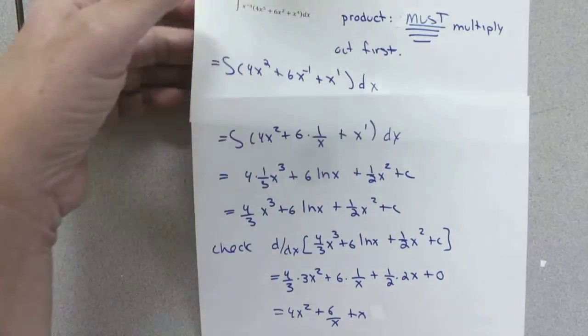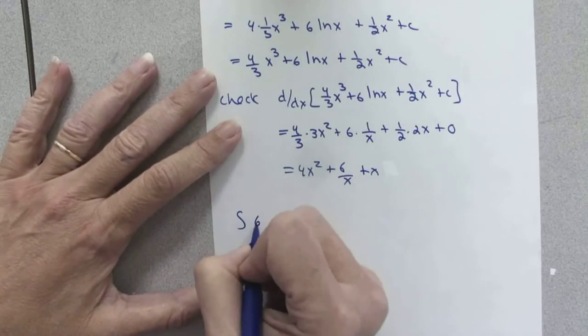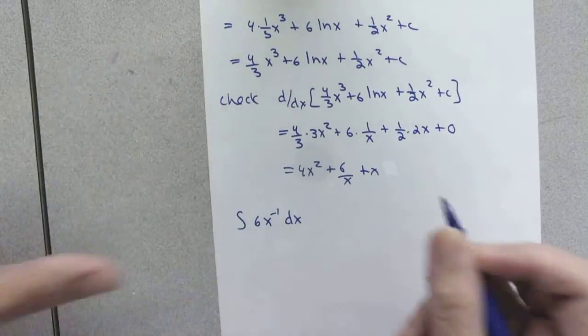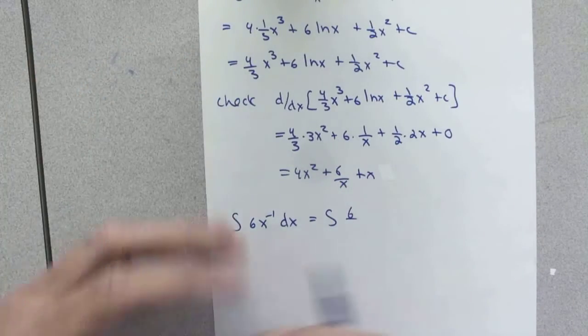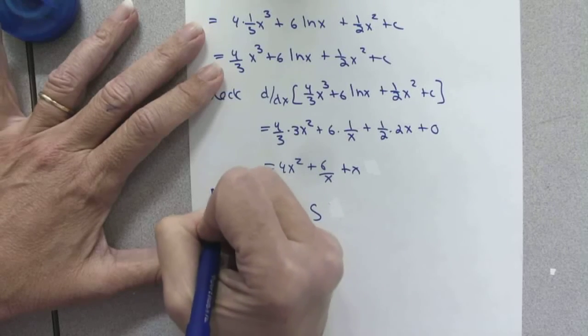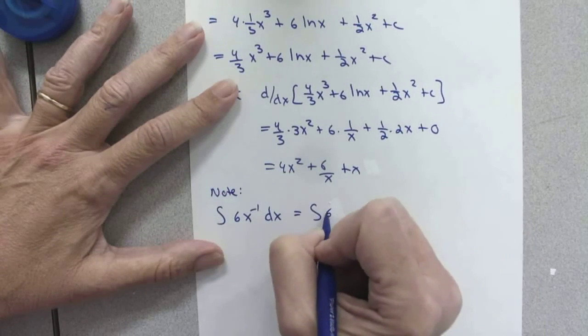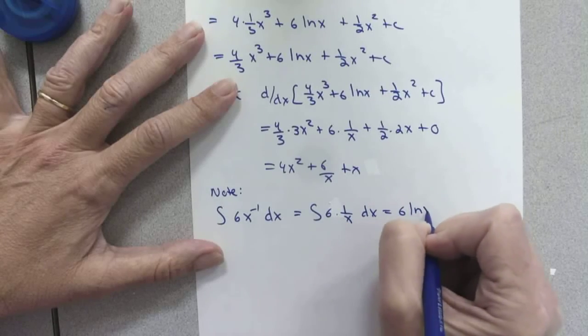Now I want to make a little comment. When we had 6x to negative 1 dx, we said that that was 6 times 1 over x dx, which was 6 times the natural log of x plus c.